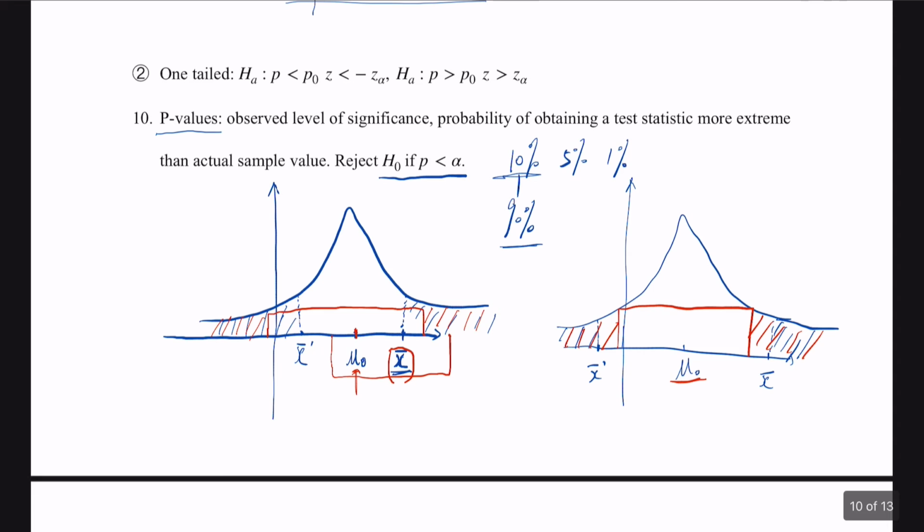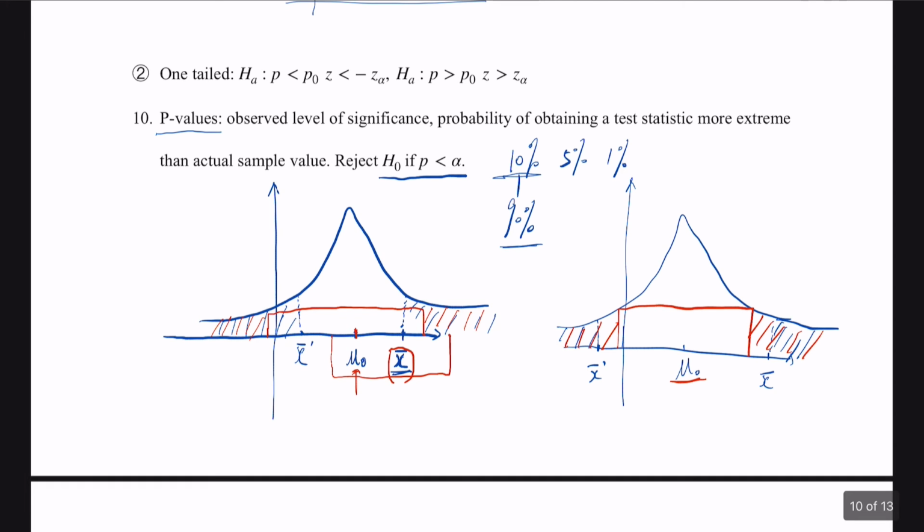If you have a sample mean, how confident can you say that the true population mean is the same as your hypothetical value?